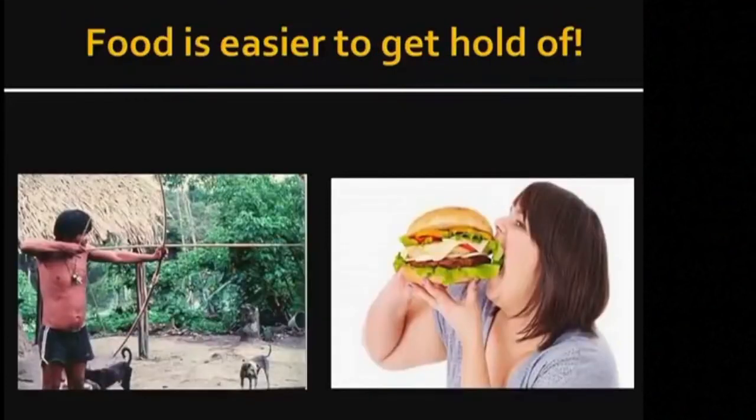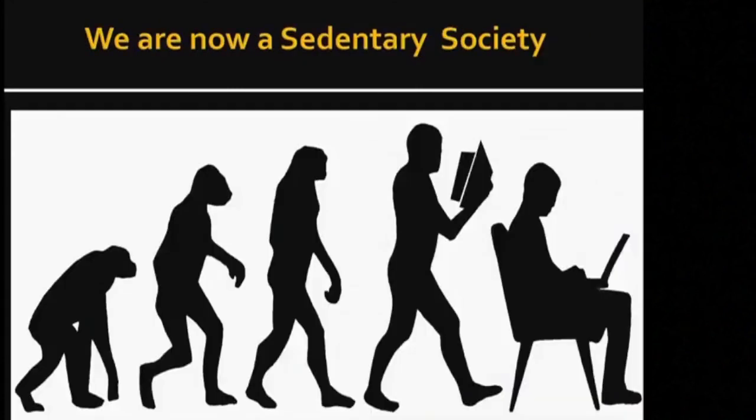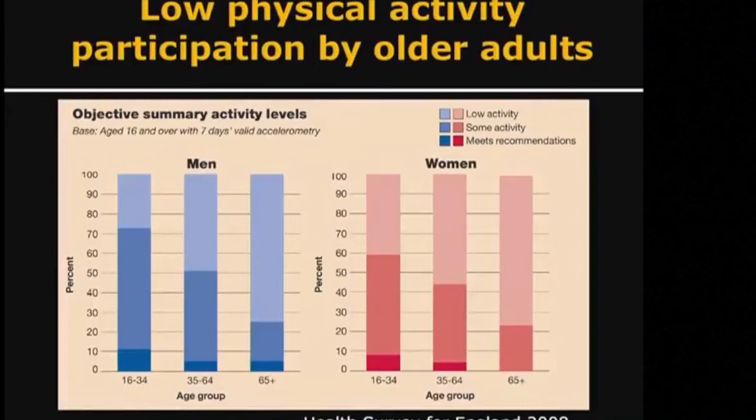Food is much more readily available than when we were hunter-gatherers. And we're a largely sedentary society. So if you look here, some of the data for the UK, these are data for the males on the left and females on the right. So these are the guys that are pretty sedentary. These are the guys doing moderate activity, and the dark blue are those meeting the chief medical officer's recommendations for physical activity, which is 150 minutes of aerobic exercise a week.